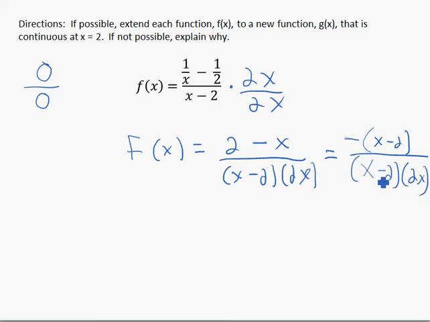Now these x minus 2's cancel out. Awesome. And we get negative 1 over 2x. So f of x equals negative 1 over 2x everywhere except at 2.